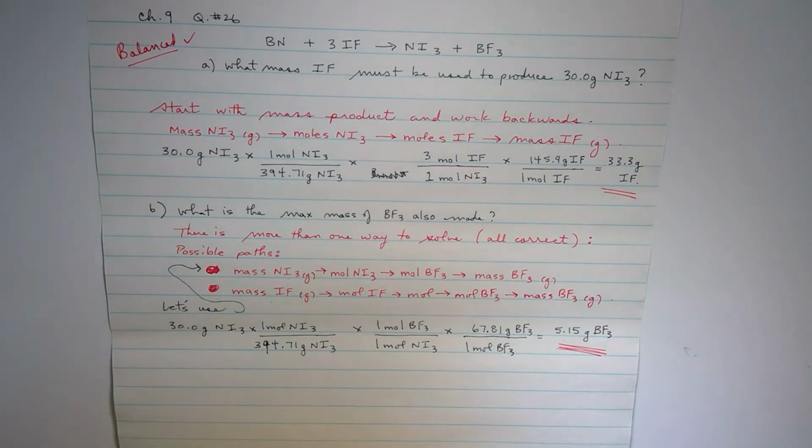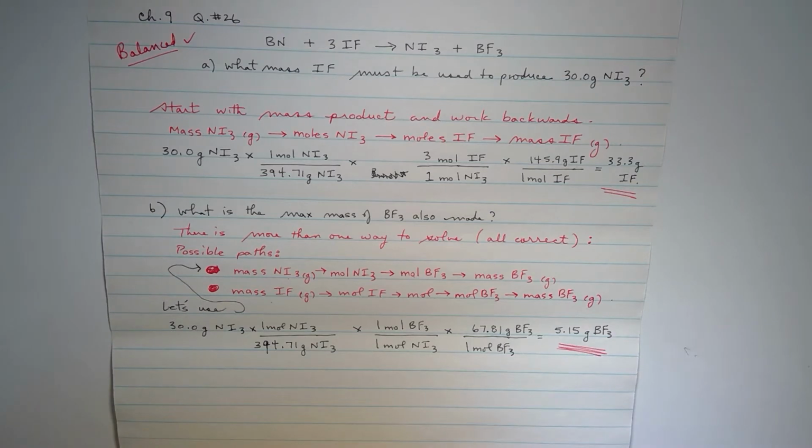Okay, let's look at question 26 in the end of chapter 9. They give us an equation that happens to already be balanced, and they are asking us what mass of IF, so that's iodine fluoride, must be used to produce 30.0 grams of nitrogen triiodide, NI3.